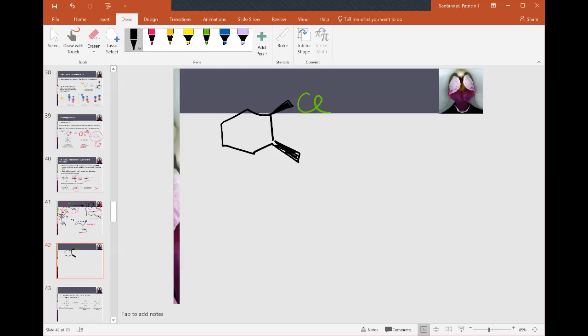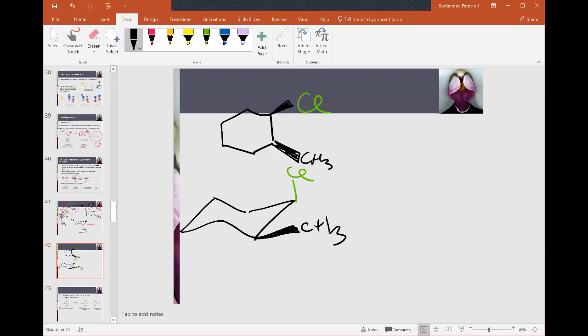Now, when I look at my chair conformation, that means that the chlorine is axial there, right? And then the methyl group is equatorial because it's cis. And of course, that means that there is a hydrogen there. Great.